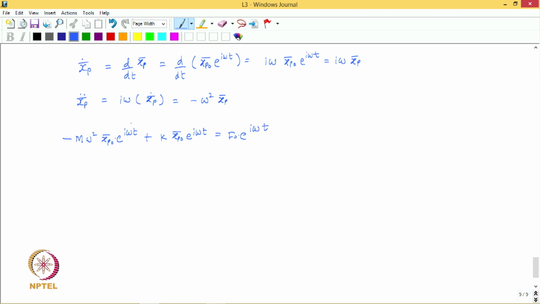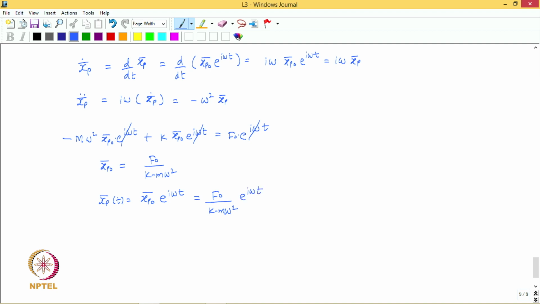You can see that e to the power i omega t cancels out, and we are left with xpo bar equal to f naught upon k minus m omega square. Therefore, the complex particular solution is xpo bar e to the power i omega t, which is f naught upon k minus m omega square e to the power i omega t.